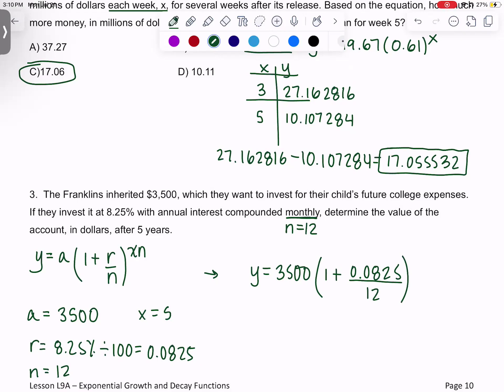We're not giving them 8.25% in just one shot. We're dividing it amongst all 12 months in the year. They're going to do this for 5 years, but it's going to happen 12 times every year. So 5 times 12 in the exponent.